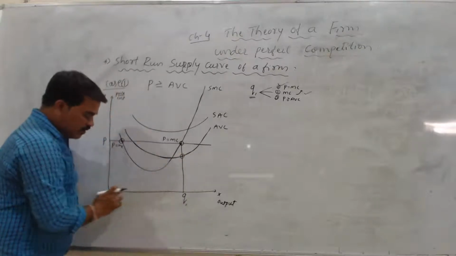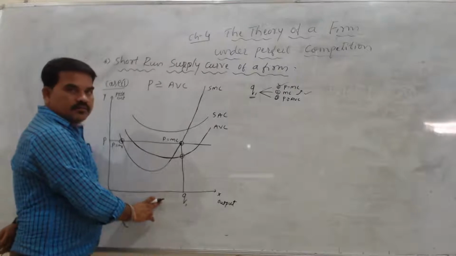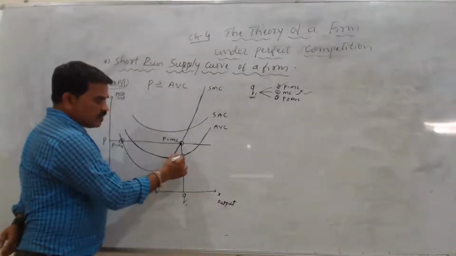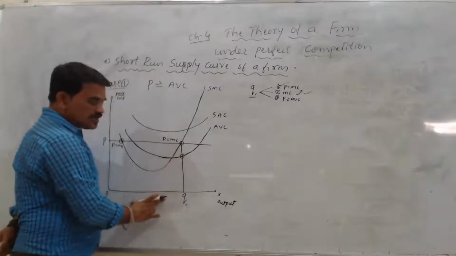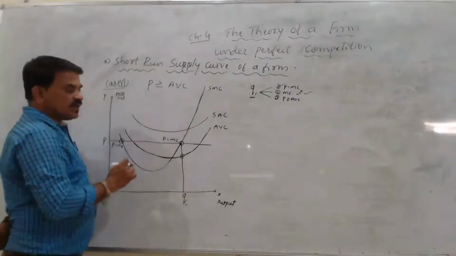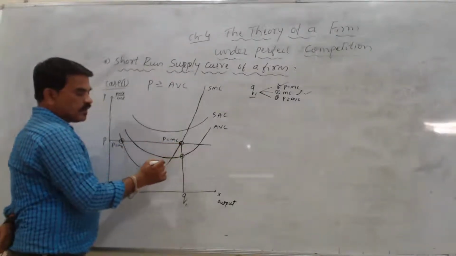Now OQ1 is produced by the firm. What is my cost? That is here. This is my cost to produce this much of goods. And what is the price I am getting in the market? This is the price I am getting. Correct?